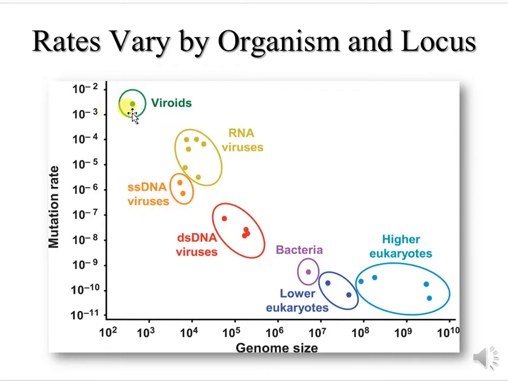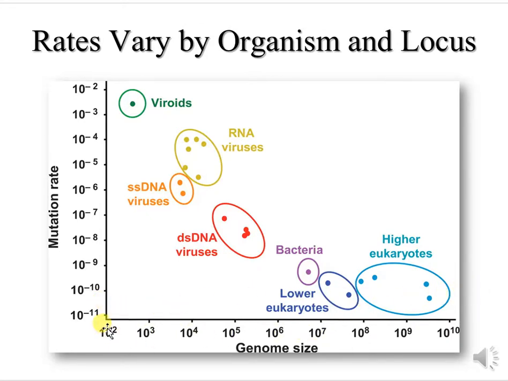They have the smallest genome size. Their genome only ranges between 10 to the second, 10 to the third power. But they have the fastest mutation rate. On the other end of the spectrum, you have your higher eukaryotes, right? We have much larger genome sizes, but much lower mutation rates.